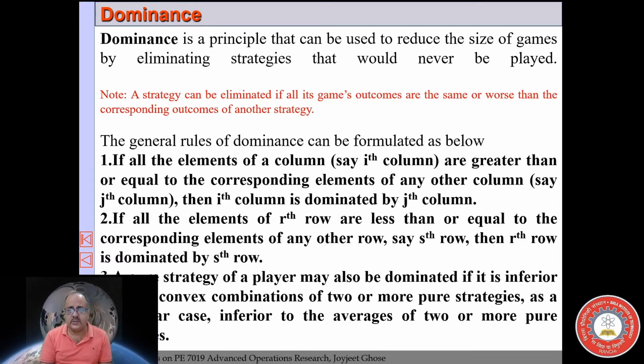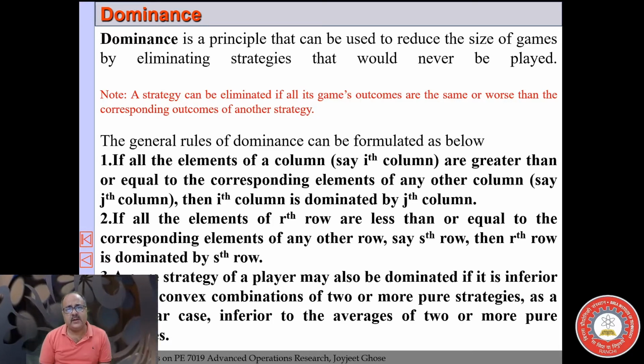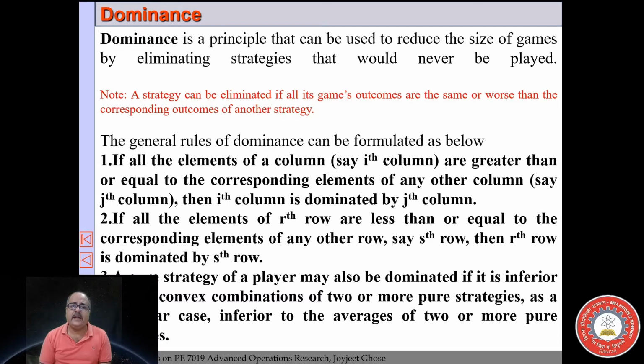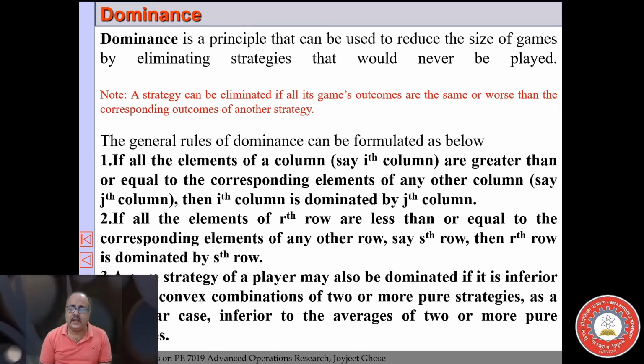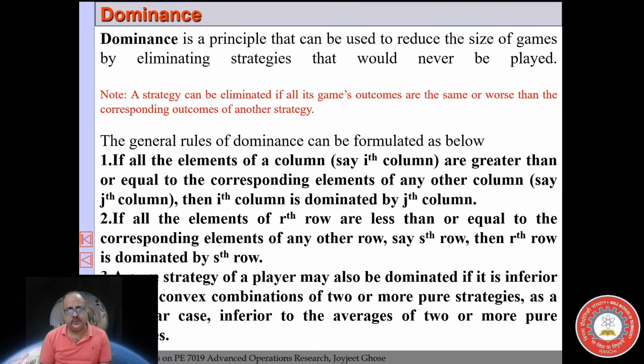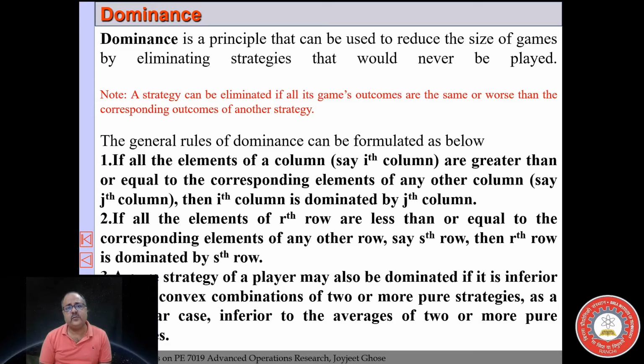In case of columns, if the elements of the ith column are greater than the corresponding elements of the average of two other columns, then the ith column is said to be dominated and we can safely eliminate it. So this is the rule of dominance. I again repeat, we apply the rule of dominance to reduce the matrix to the size of 2 by 2 if it is possible. It is not possible in every case. In some cases it is possible.